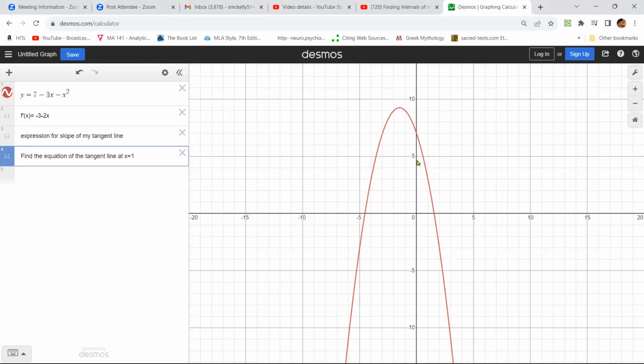Do I know where that point is? No. If I'm looking at the graph, I might be able to figure it out, right? But I'd really like to know where that is. It's probably 1, 3, based on what I'm looking at right here.